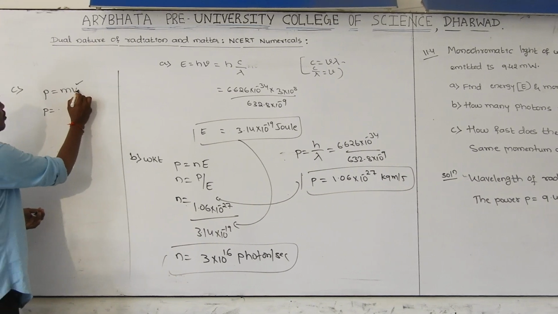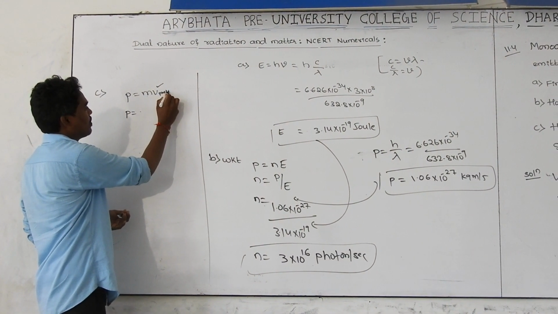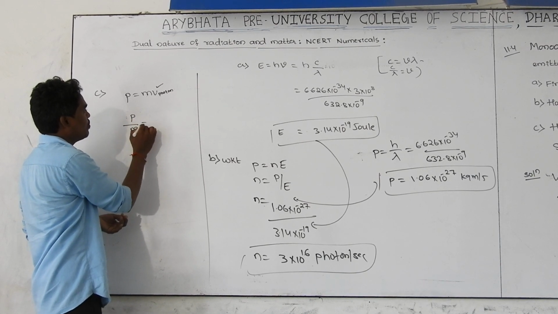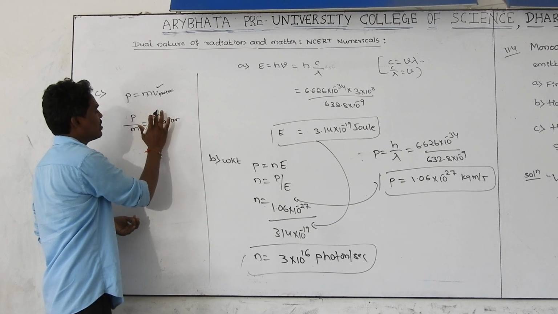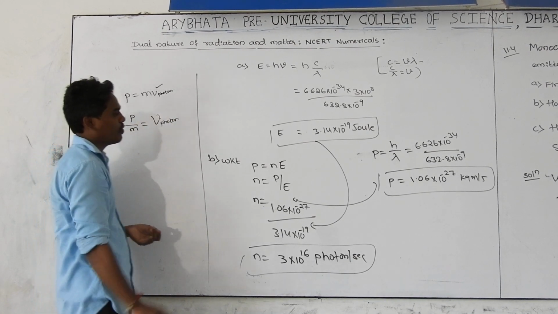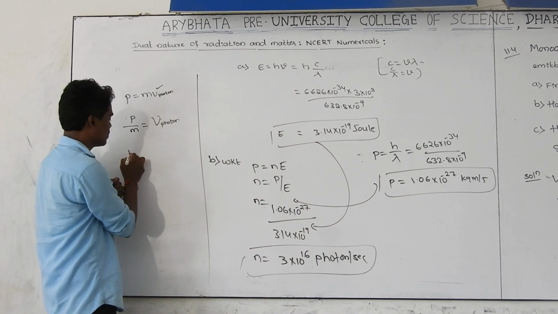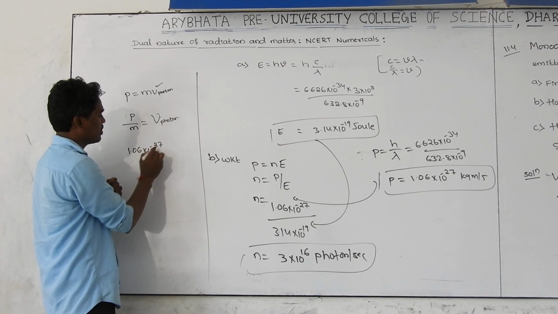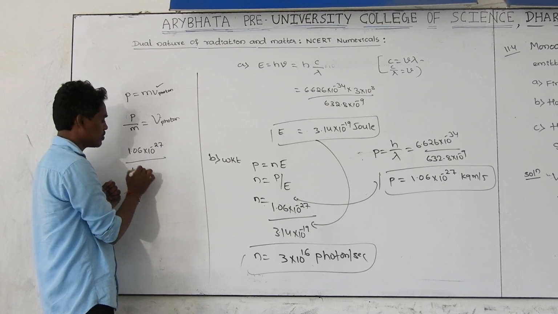V value for photon. Here P divided by M is equal to V for photon, you have to find out. This is velocity, not the frequency. Momentum, that is 1.06 into 10 to the power minus 27, divided by mass of photon, you know very well, 1.6.